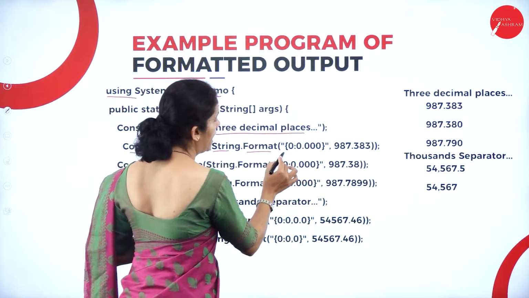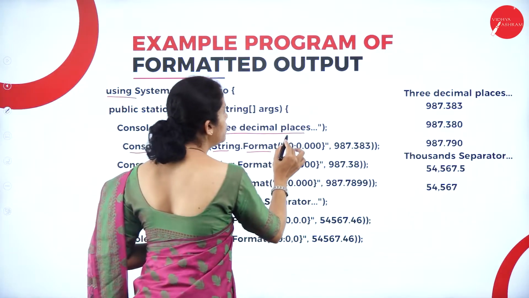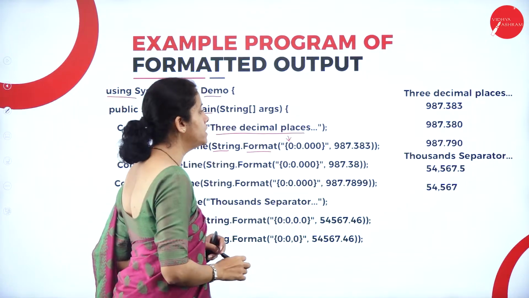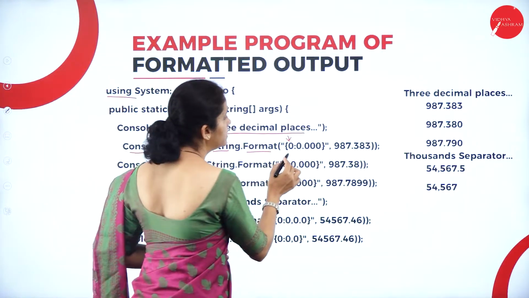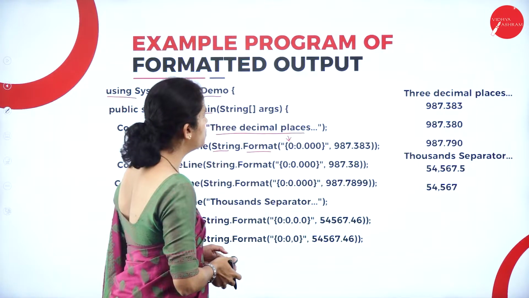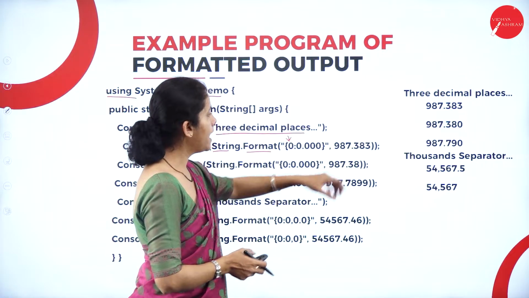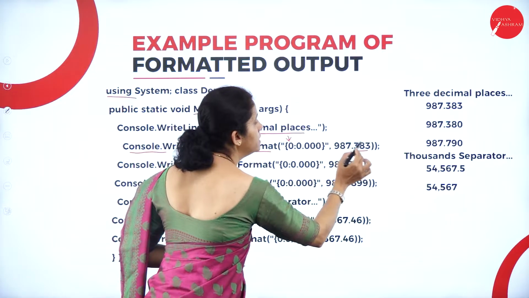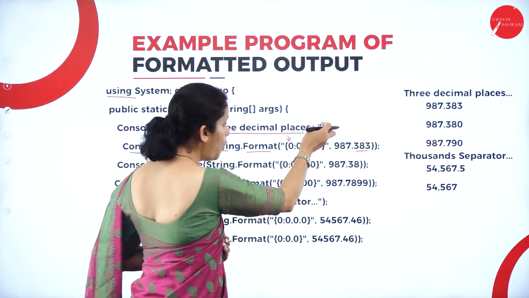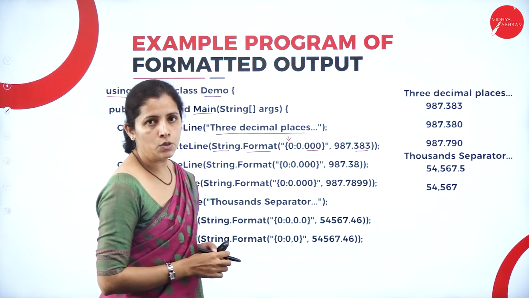Now see here, I have 0:0. So 0 is nothing but the placeholder. After that, 0.000. That means whatever value I have given, I want to display the whole value with 3 precision digits.